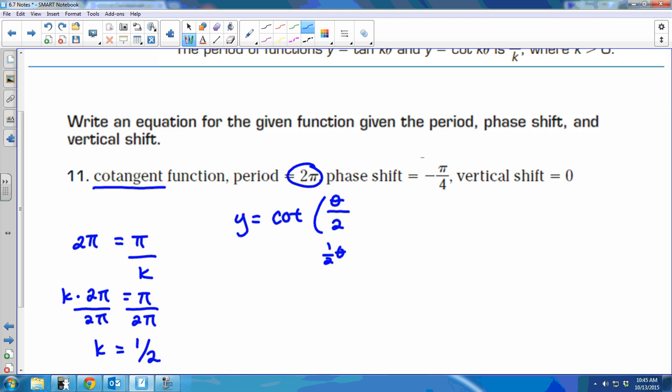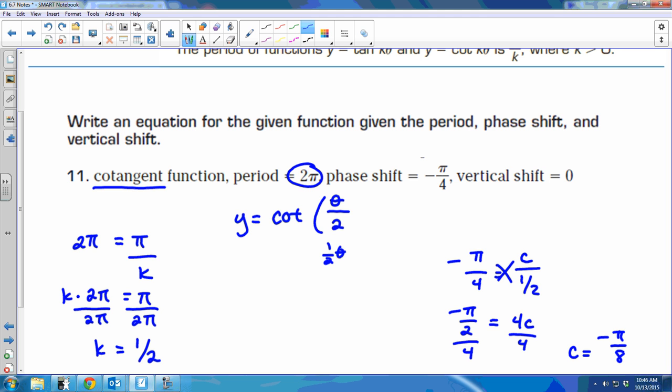And then the phase shift stays the same, it's still c over k. So negative pi over 4 equals c over 1/2. So I cross multiply and I get negative pi over 2 equals 4c. Divide by 4, so c equals negative pi over 8.